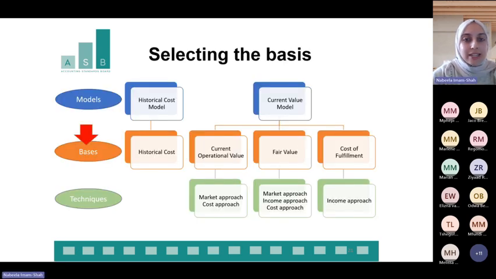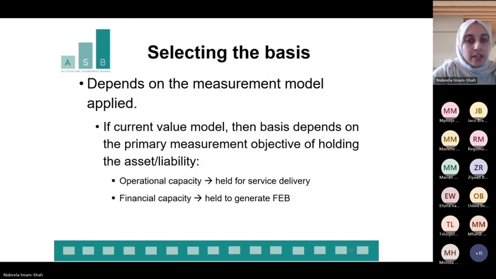Let's look now at selecting the measurement bases. The measurement bases are the methods to present relevant and faithfully representative information under the measurement model selected. Selecting the measurement basis depends on the measurement model that was applied.